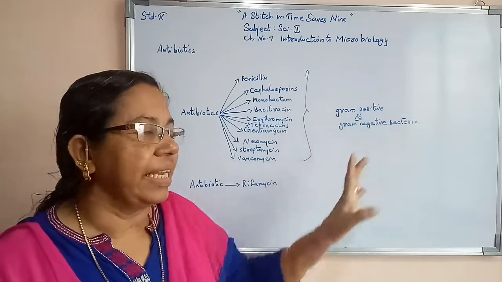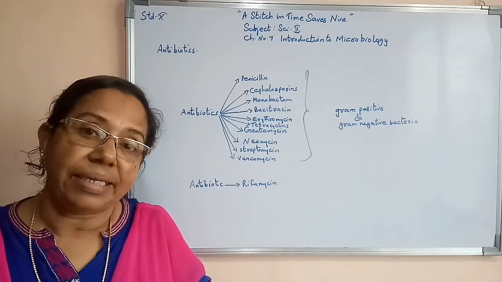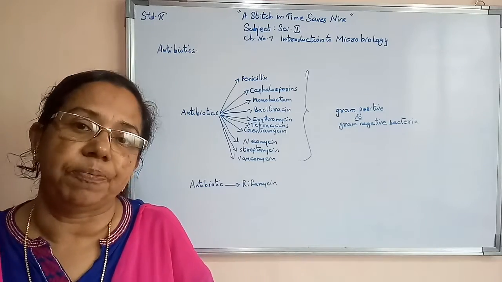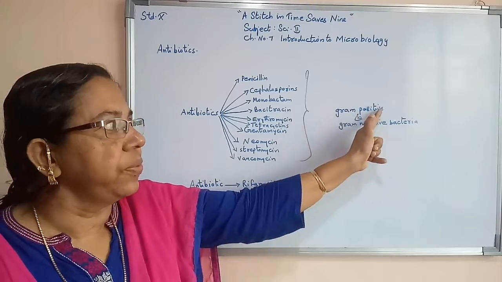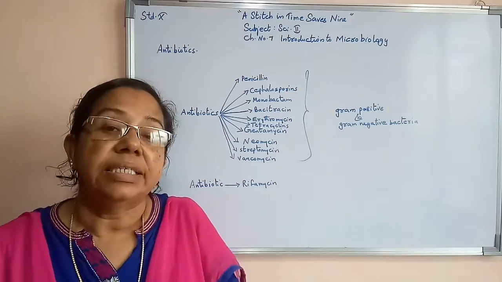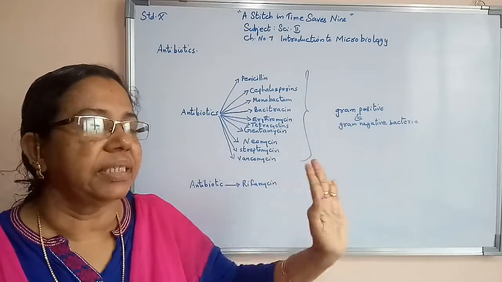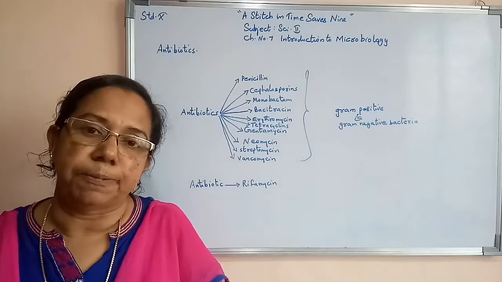Now these bacteria, gram positive and gram negative, we can say that gram refers to a kind of test. So this is the gram positive test and gram negative test. Some bacteria can be detected with the help of the gram positive test, and some with the gram negative test.